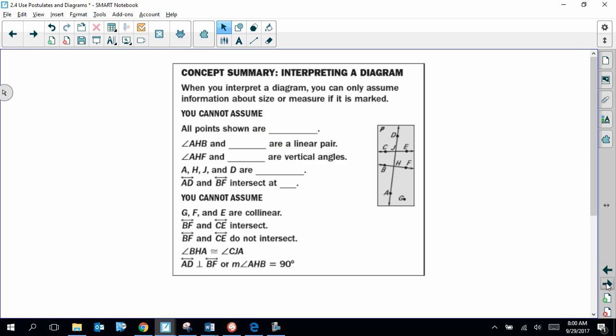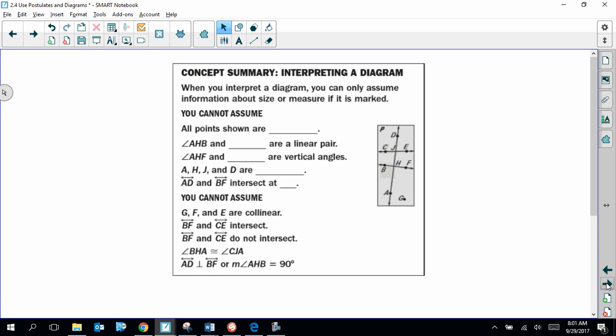So here, can you determine certain things, and what can you not determine? Again, one of the things that we're using in our reasoning and logic section of our curriculum is that we're really hammering home the idea that you can't assume something is true about a figure because it looks that way. There has to be a way of concluding that, because maybe it was told to you outright.